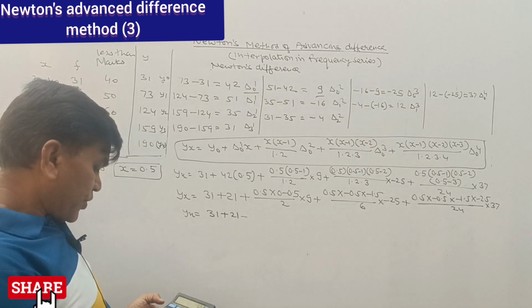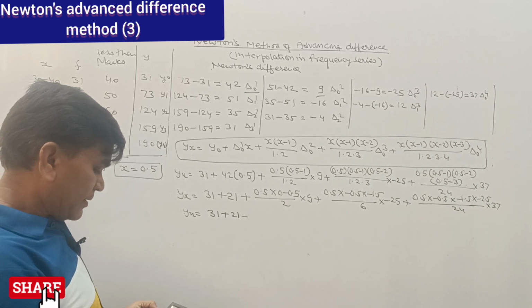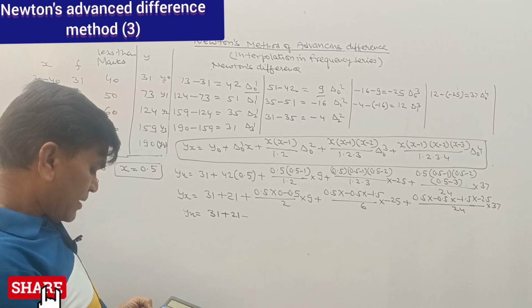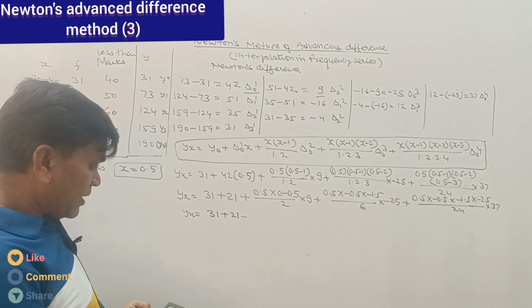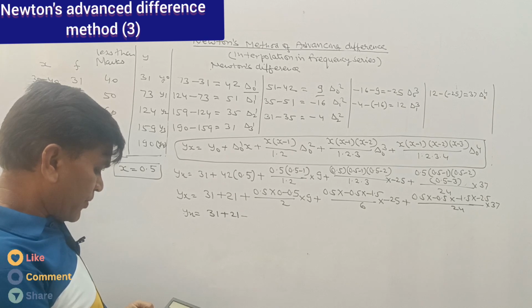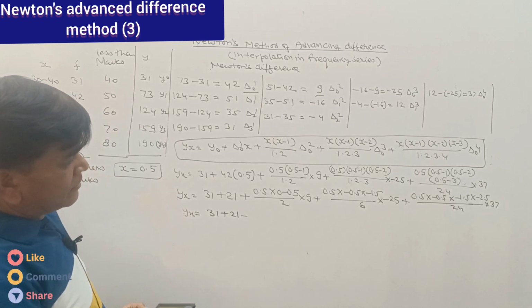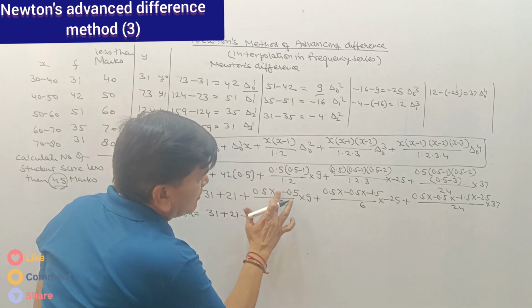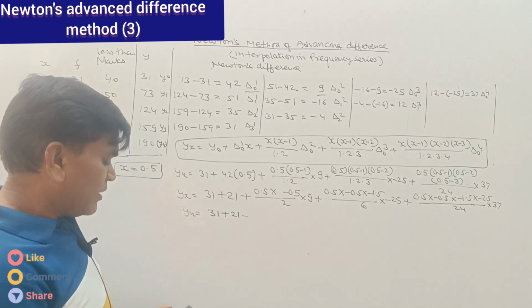That is 0.5 multiply by minus 0.5 multiply by 9 divided by 2, that is minus 1.125.